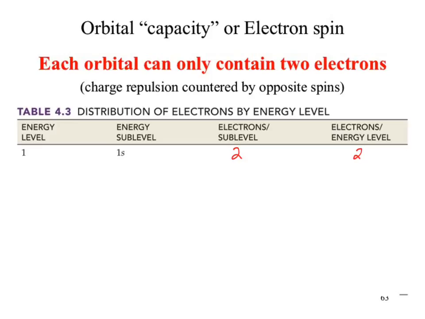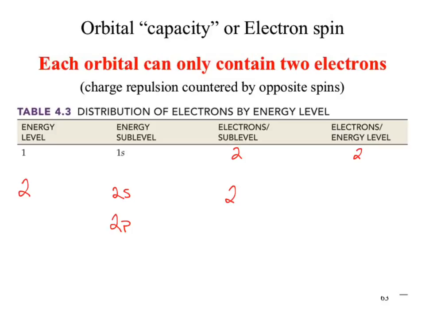That's it. What happens if I move to the second energy level? I get the 2s and the 2p. How many electrons can I fit into the 2s orbital? 2.